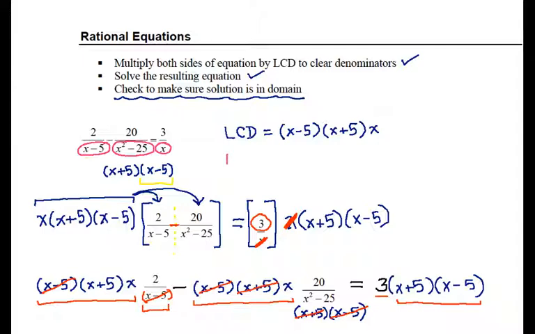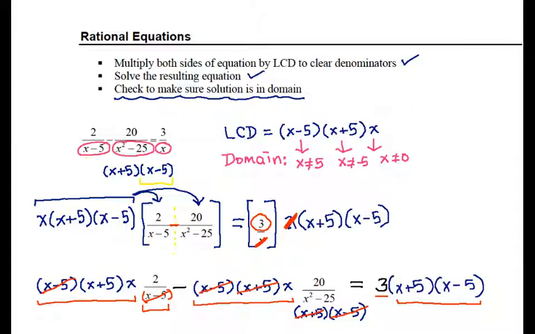So a quick way to find the domain is to just look straight at our LCD, and any value that would make one of the factors in the LCD equal to 0 would also make one of my denominators equal to 0. So that means that we cannot have x be 5, negative 5, or 0. Those are the three values that would give me a division by 0 error in one of the expressions in the original equation.